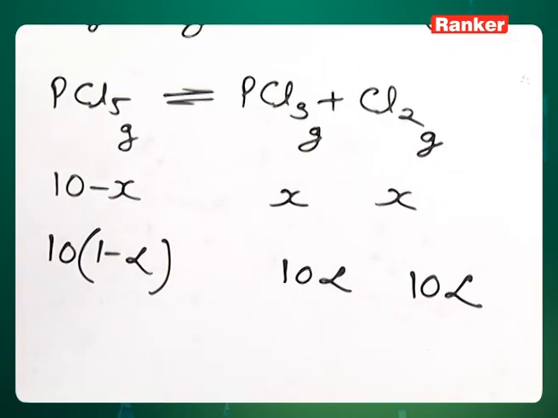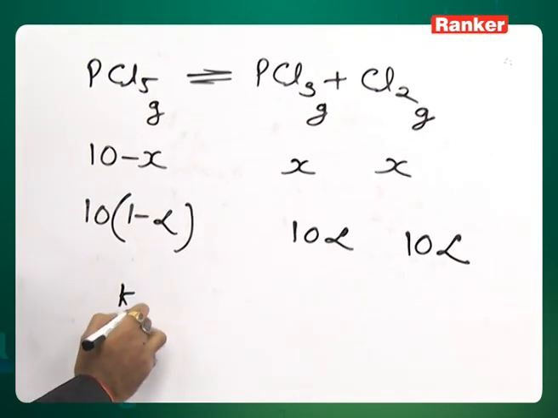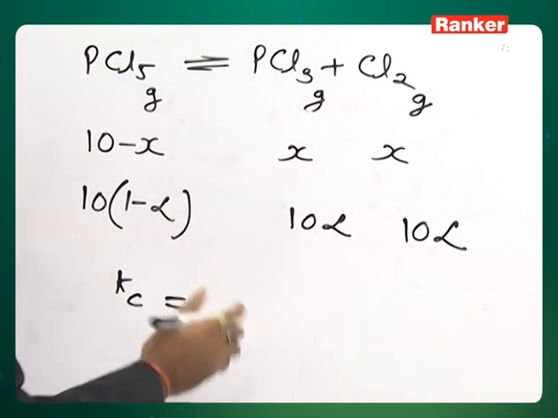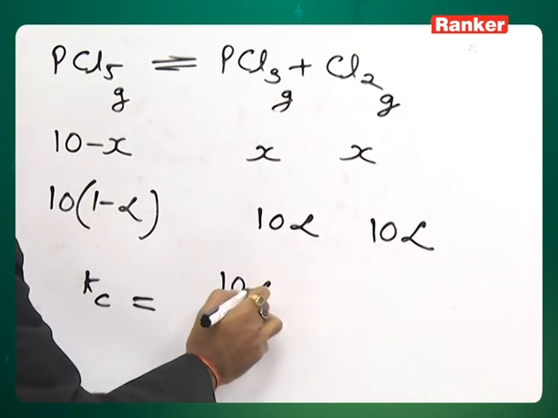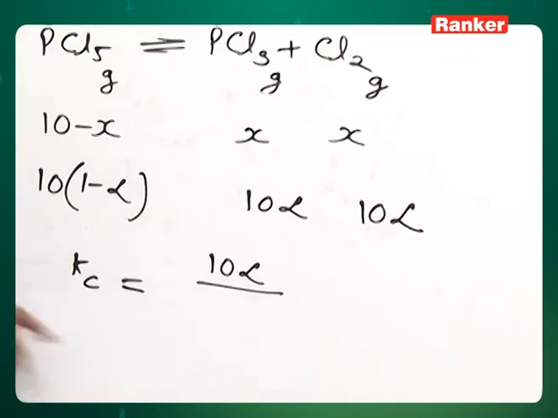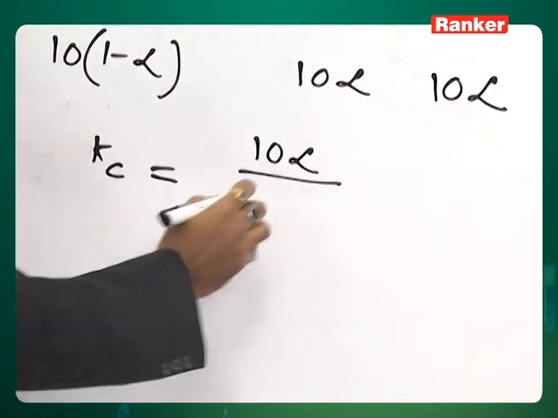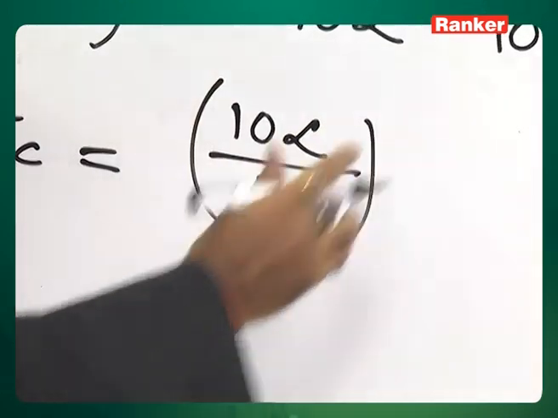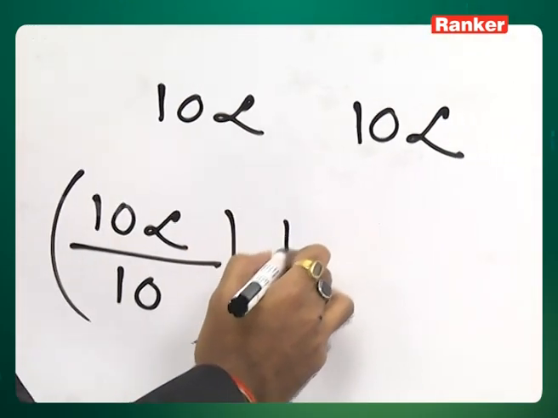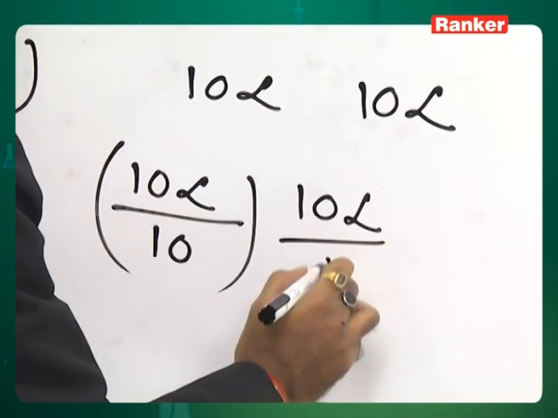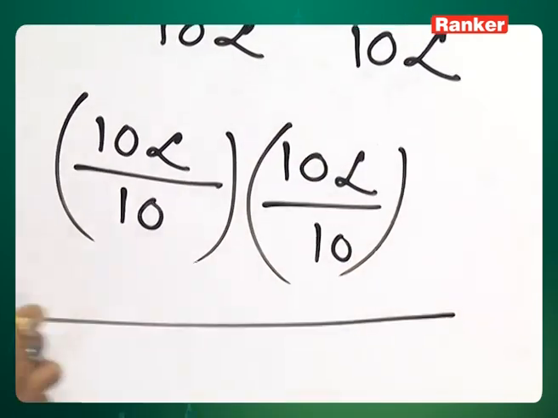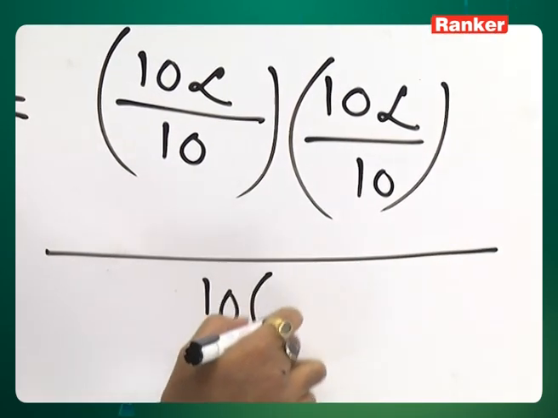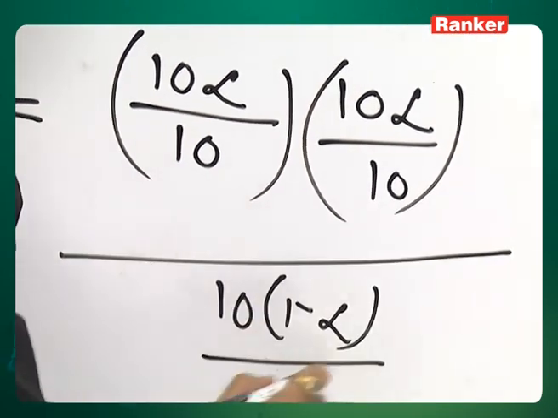You write Kc again here, and this Kc now will be equal to the concentration of PCl3, which will be 10 alpha, the number of moles, upon the volume which we have taken, 10 liters, into the concentration of Cl2, which will be 10 alpha upon 10, upon the concentration of PCl5, which will be 10 into 1 minus alpha upon 10.